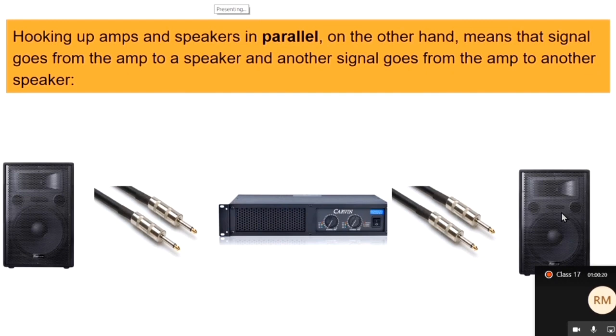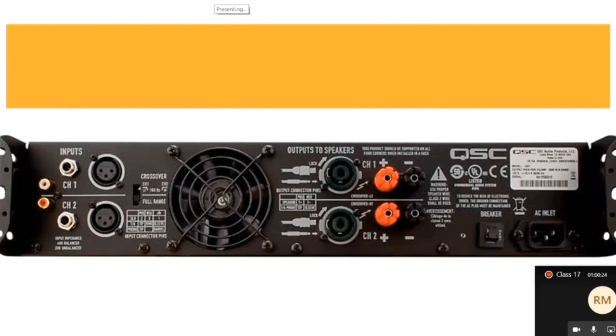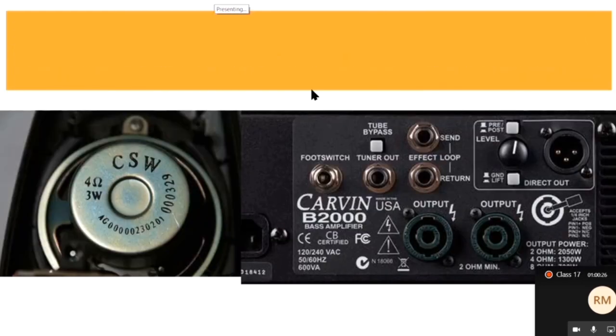Okay, so if you look on the back of speakers and on the back of power amps, you'll notice some details. The critical detail is that speakers will give you a resistance reading in ohms. See how it says 4 and then this goofy looking horseshoe? That's like a Greek letter for omega. 4 ohms.